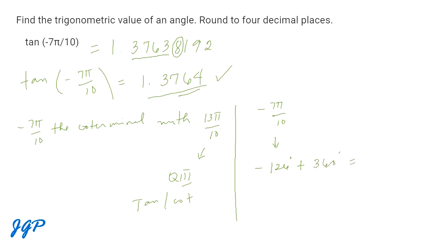And, it results to 234 degrees. Itong 234 degrees and 13 pi over 10, parehas lang po yan ng value. Kapag ito change mo into degree measure, that is equal to 234 degrees. And this one is located in quadrant 3. Same with this one. In quadrant 3, we have a positive trig functions, yung tangent and cotangent. So, dapat ang answer natin ay positive. So, therefore, the 1.3764 is correct.